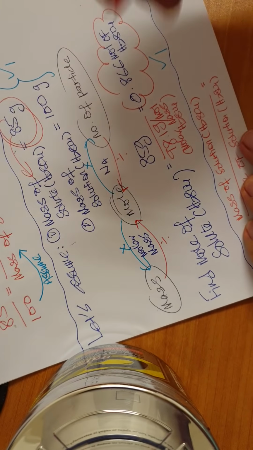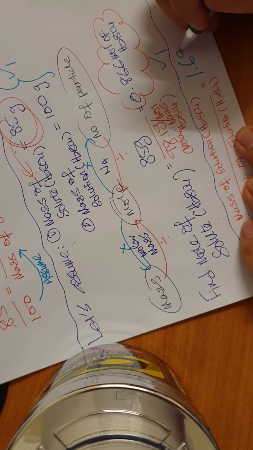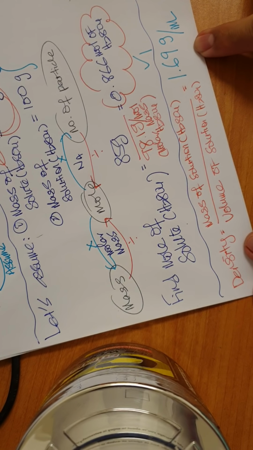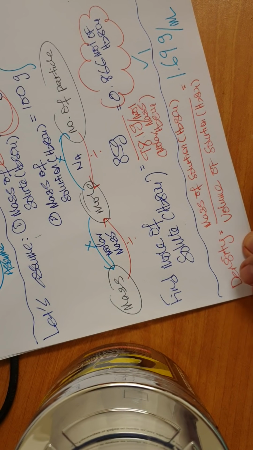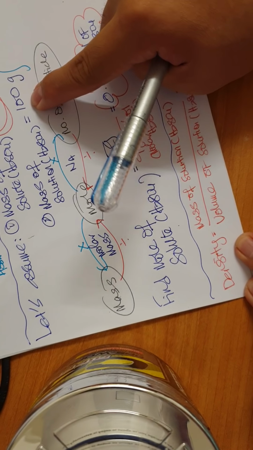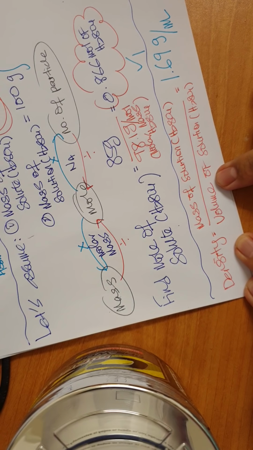Okay? The density is 1.69 gram per mil. So this is the density. So if I am going to plug this into here and take this value, mass of solution, into there on top, we should be able to work out the volume of solution. So I'm gonna turn over to the next page.